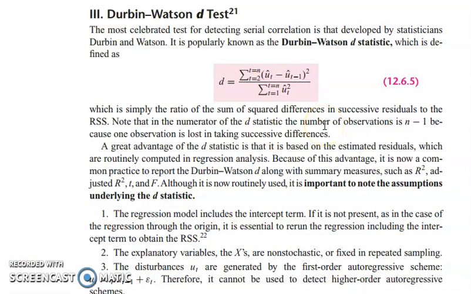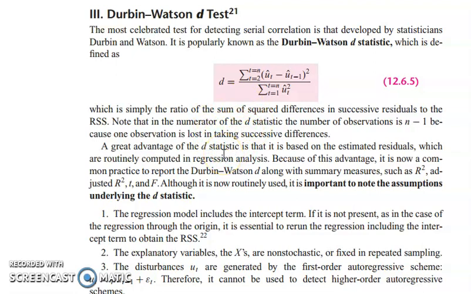For the formal method of detecting autocorrelation, we will discuss two tests. The first one will be the Durbin-Watson d test, and the second one will be the BG test. Both tests are statistical tests, meaning that the structure is just the same.